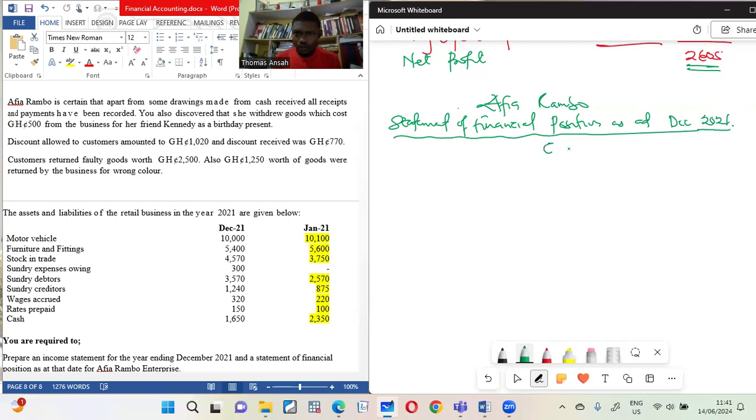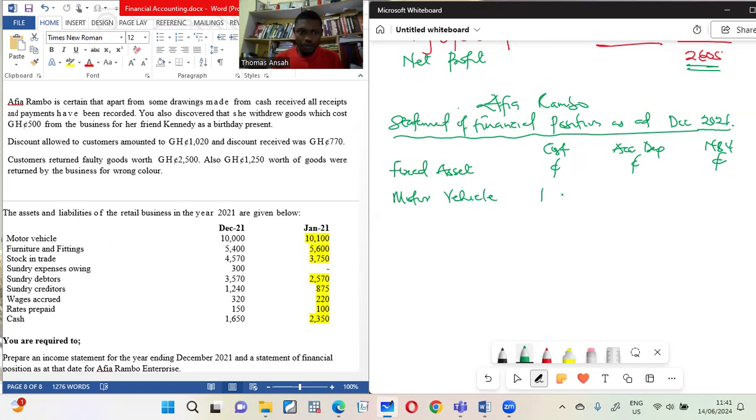Then you have your costs, accum dep, then net book value. All right. Okay, so we have the fixed assets. So fixed assets, so let's put our currency signs. Fixed asset, we have motor vehicle. And we know that the motor vehicle started with 10,100, right?